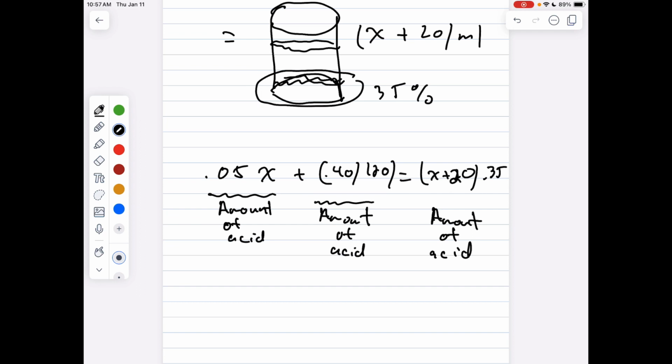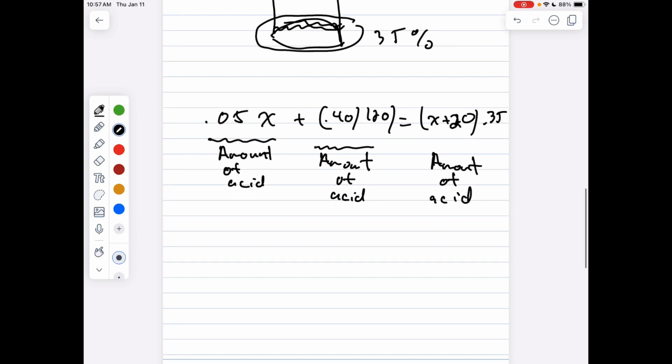You take the amount of the liquid you're looking for, in this case acid, from each of the things you're putting together, and that has to equal the amount of acid in the solution in your third container. So in our case, we would have this equation: 0.05x plus 0.4 times 20 equals x plus 20 times 0.35.